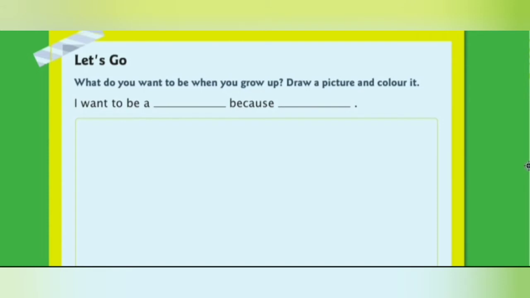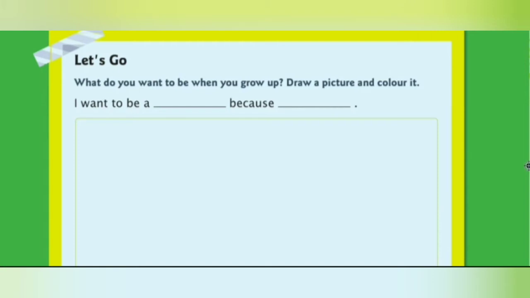What do you want to be when you grow up? Draw a picture and color it. Here you are going to write, I want to be a dash.